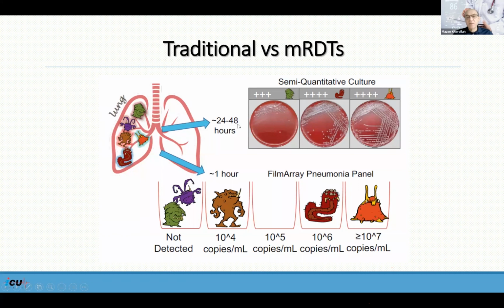And it takes 24 to 48 hours. Depending on how heavy the growth is, we can give a number of plus signs, and then we give an idea to the clinician on the amount of growth that is present in that dish. Again, we don't identify selective ones.